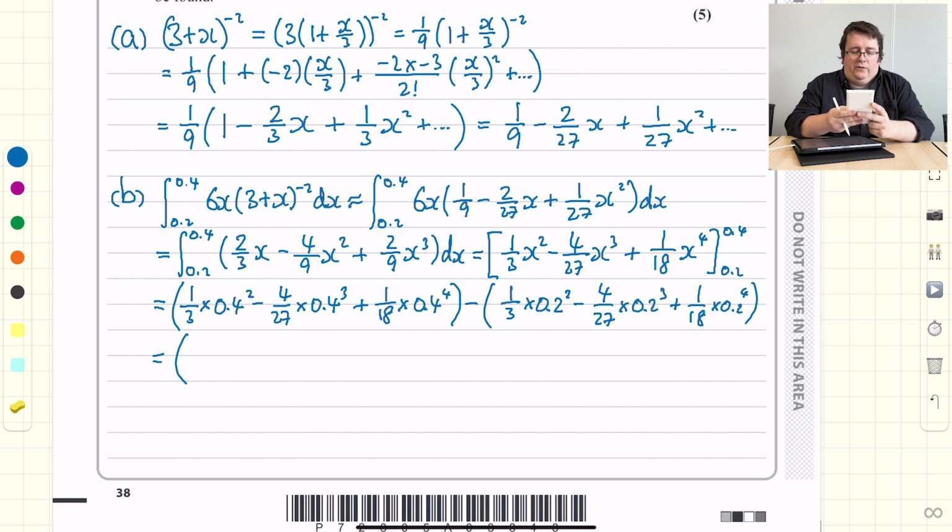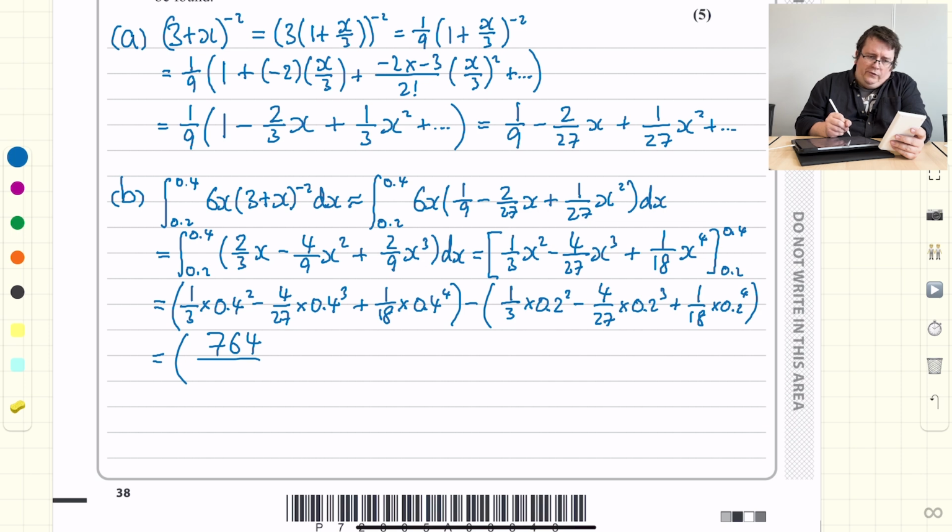Right, let's work out what these are. So 1/3 times 0.4 squared, take away 4 over 27 times 0.4 cubed, plus 1 over 18 times 0.4 to the 4. So this is 764 over 16,875.